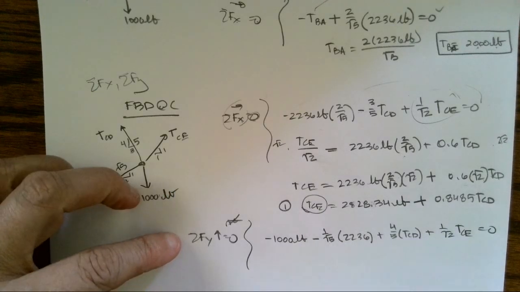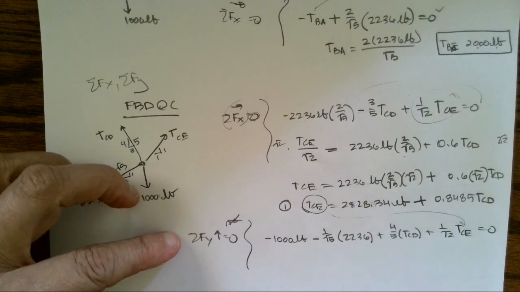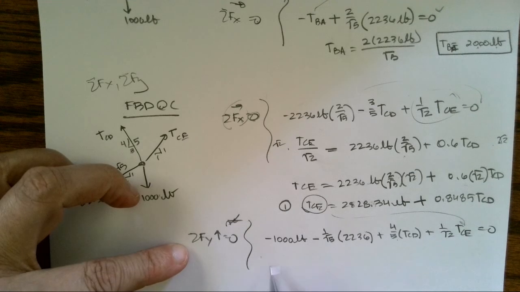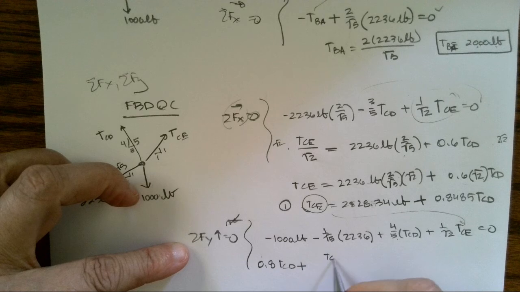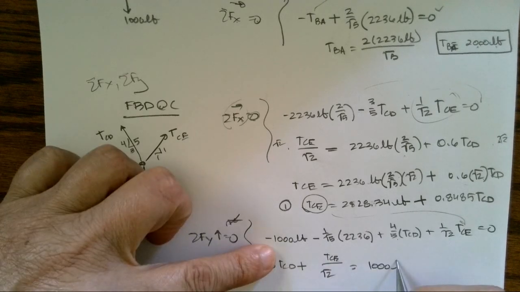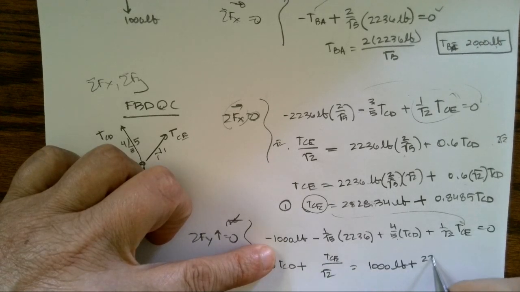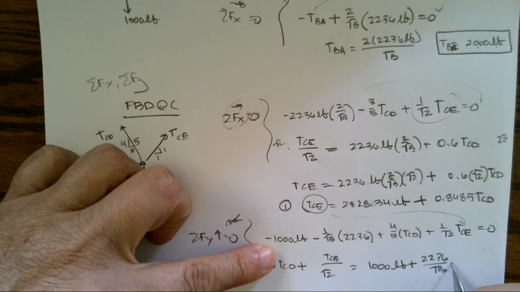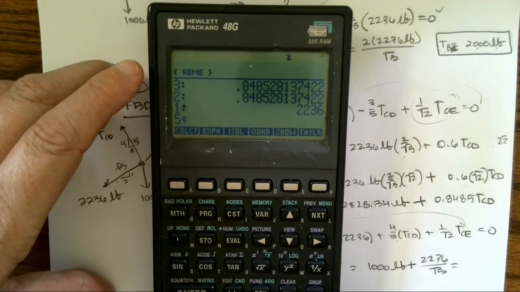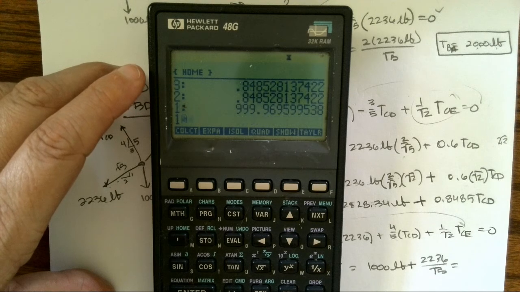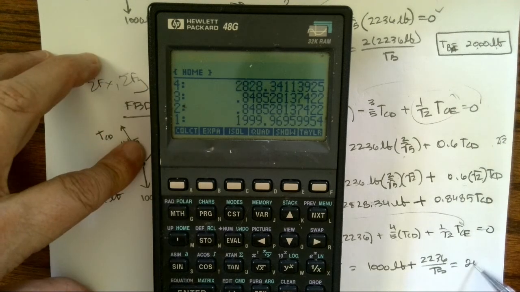That's the one that I'll be able to sub in here. So I have 0.8 TCD plus TCE over the square root of 2 equals 1,000 pounds plus 2236 over root 5, and we get that equals 2,000 pounds.